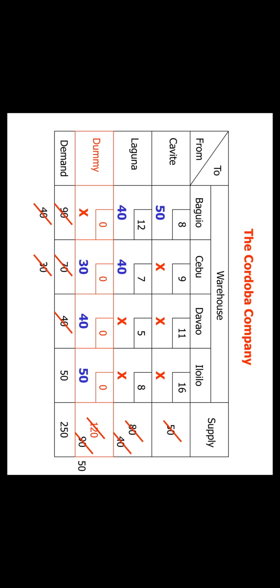Never would it ever happen that you would need to add a dummy row and a dummy column at the same time in one tableau. It's a choice between a dummy column or a dummy row depending on whether supply is greater than the demand or demand is greater than the supply. That's step 1. You have to have a tableau wherein supply is equal to demand.